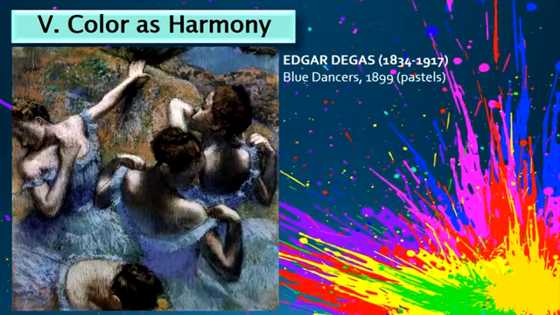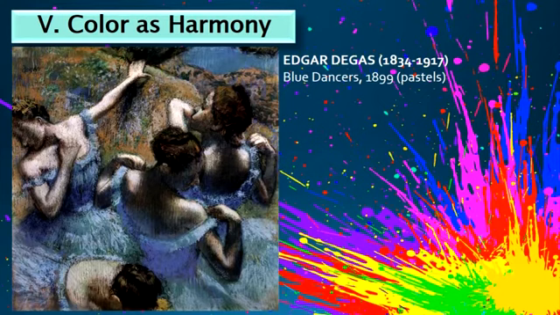Number 5. Color as harmony. Harmony is the compatibility, balance, or progression of similar elements, like this painting, Blue Dancers, by Edgar Degas. It is a carefully composed pastel painting that illustrates the harmony of color as well as several other visual elements.